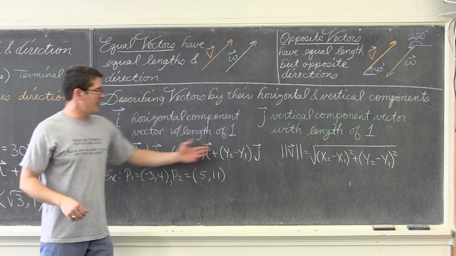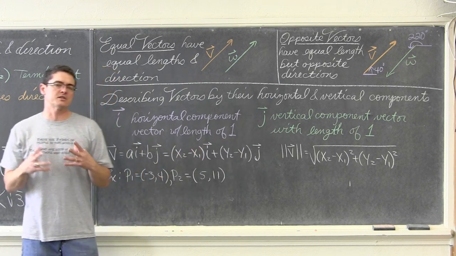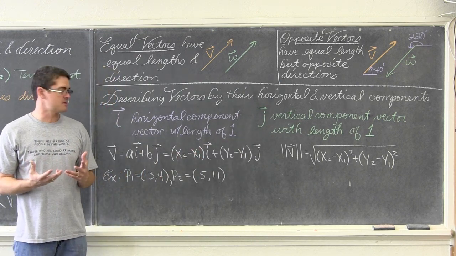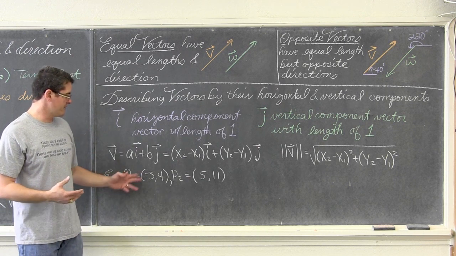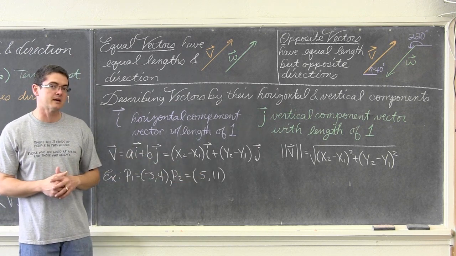And this idea of naming a vector in its horizontal and vertical components is, of course, if you're given an initial and terminal point, which we're going to work out in this example in a second.